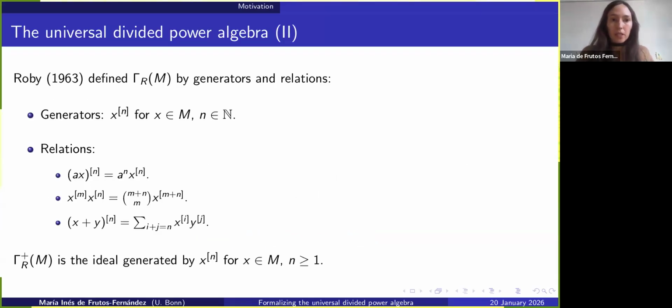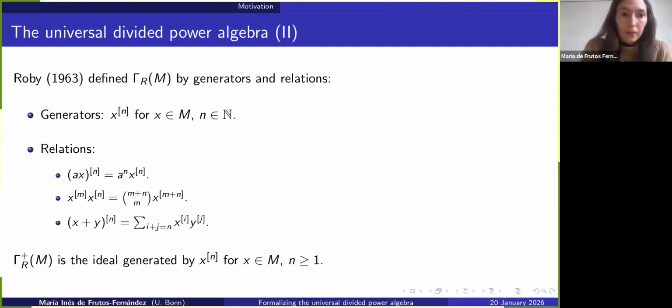This was first defined by Roby in the 1960s, and he defined this as a ring using generators and relations. The generators we are going to write as x to the n, where x is an element in M and n is a natural number. On these generators, we impose these three families of relations.